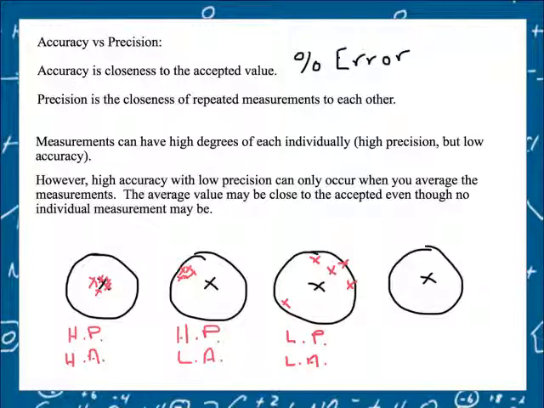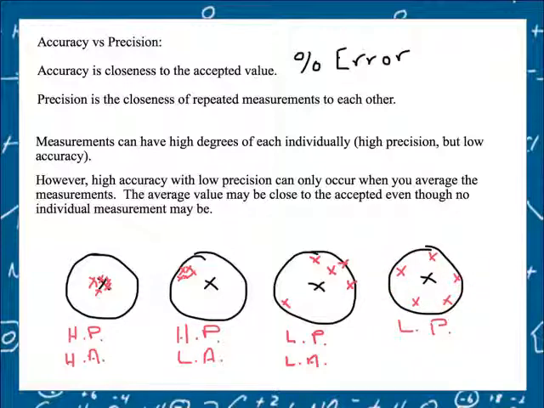But we can have accuracy on average, and that would be if you had some situation like this. We don't have precision. My data points aren't close to each other. But it's different from the previous situation in that they're all symmetrically distributed around the accepted value.